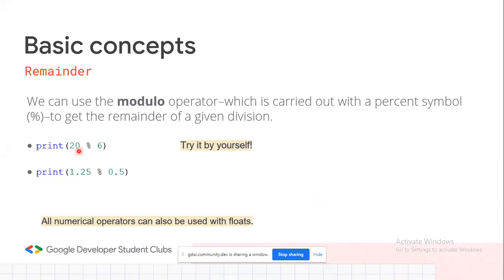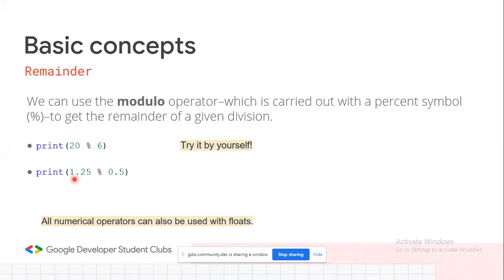So we have already tested finding the remainder with the modulo operator. How about finding the remainder using the modulo operator with floating point numbers? Because in the previous example, we just used integer values.